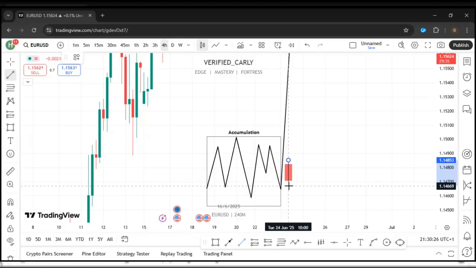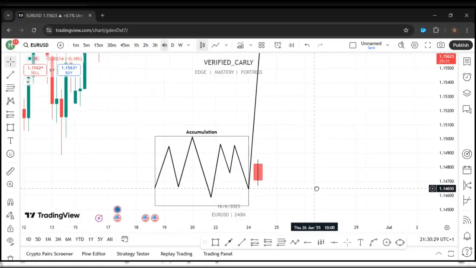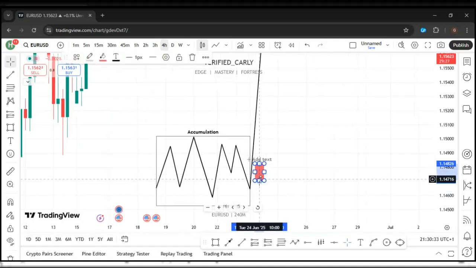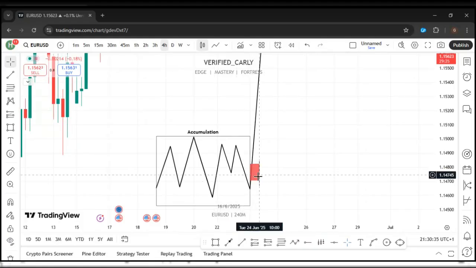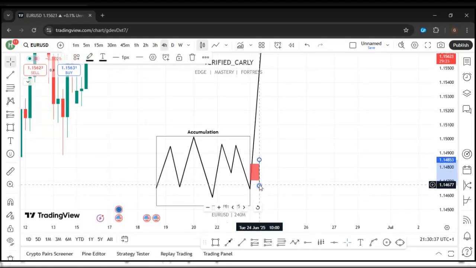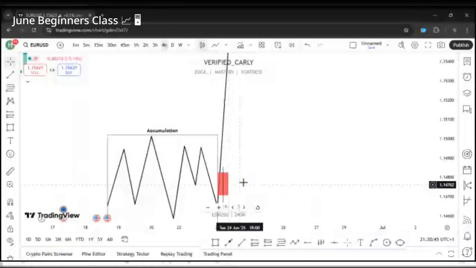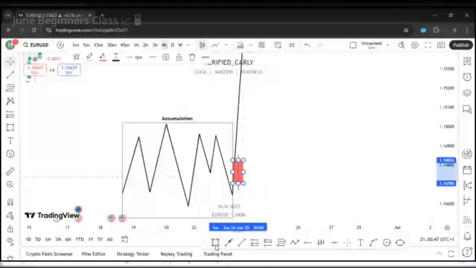So if you see something like this around this zone, and the market did this kind of move, you see this candle right here, the last bearish candle. This is what you call your order block.